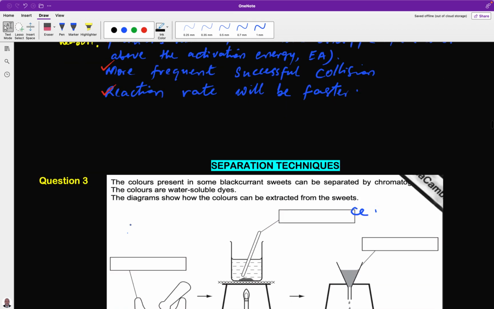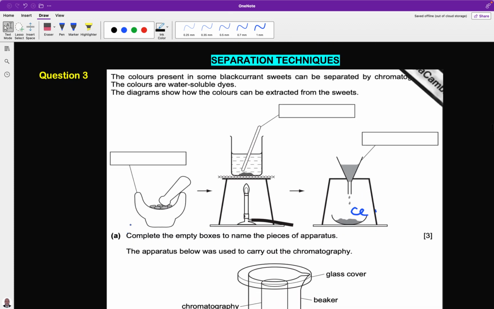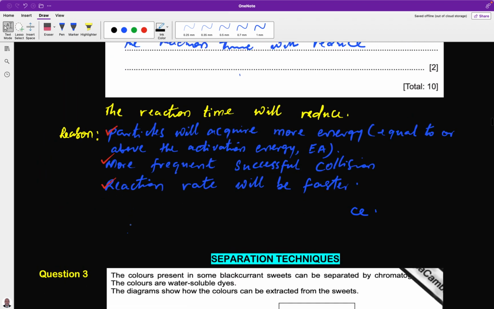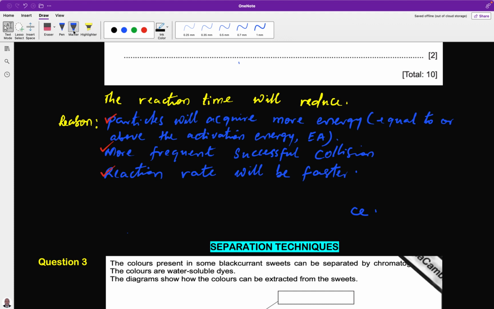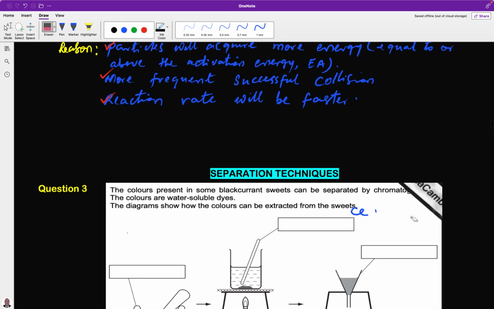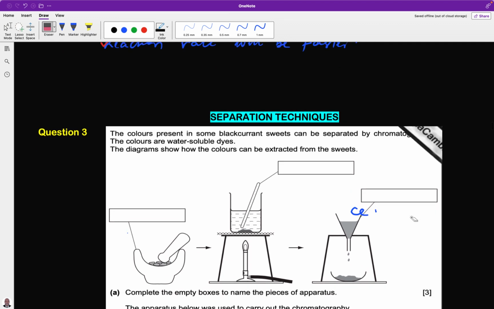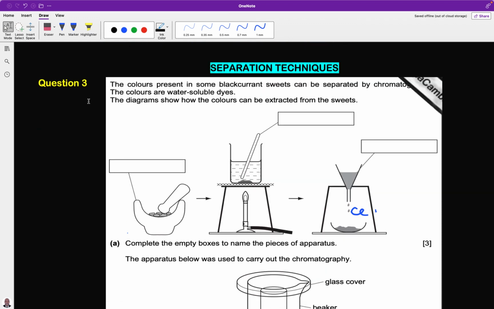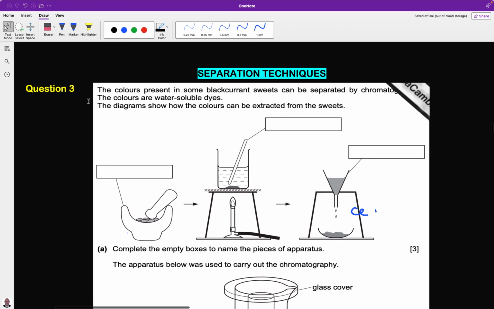Okay, let's go to question number 3. Separation techniques.